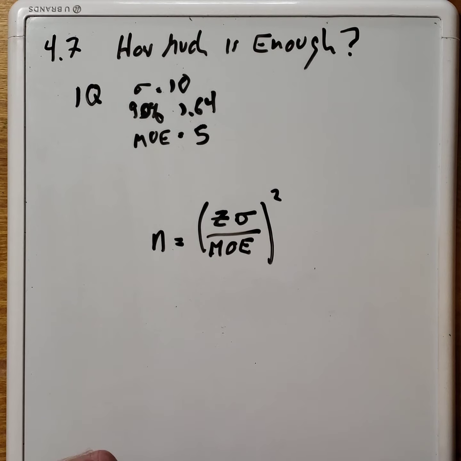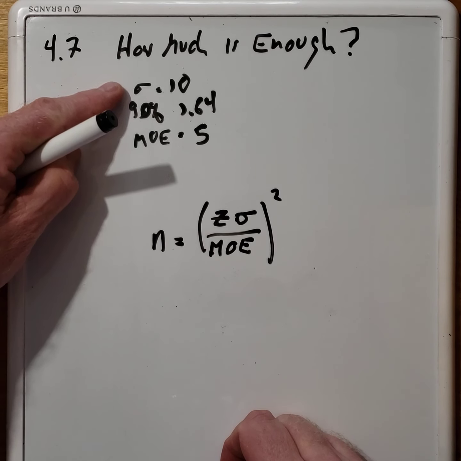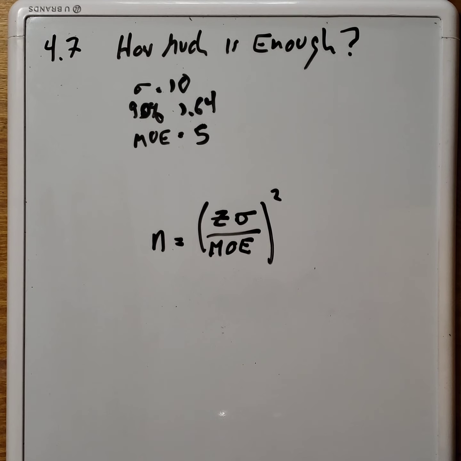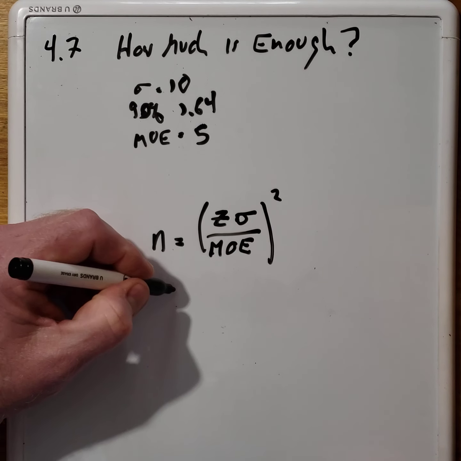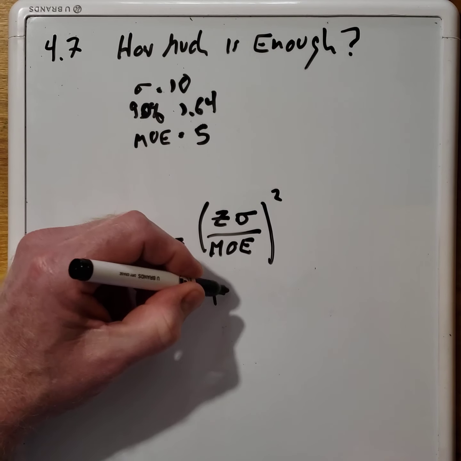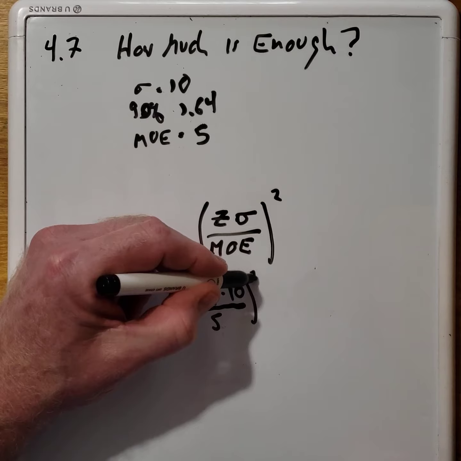We want to know the average to the nearest 5 minutes. So we're looking at our commute times again, standard deviation of 10, 90% confidence level, so Z is 1.64, and we want a margin of error of 5. So we can multiply 1.64 times 10 divided by 5 and square.